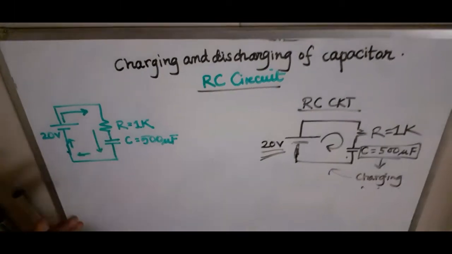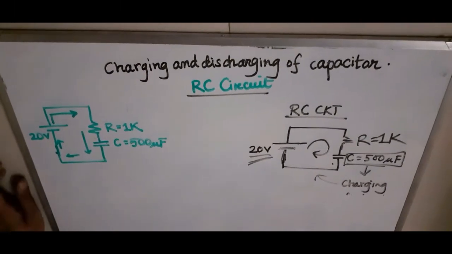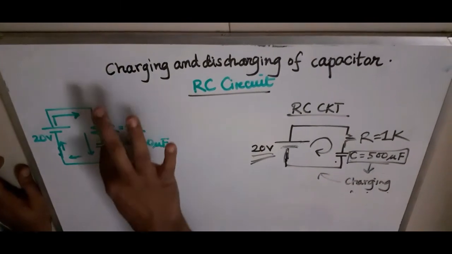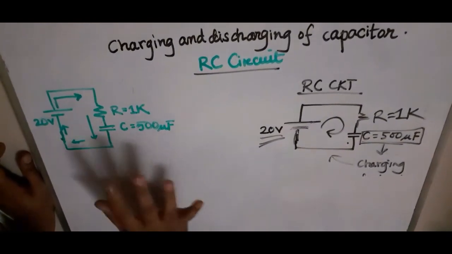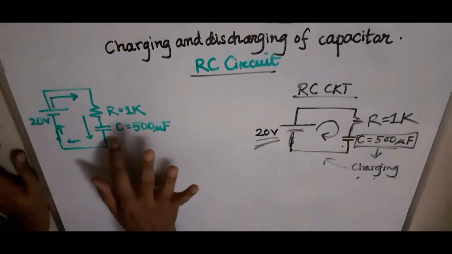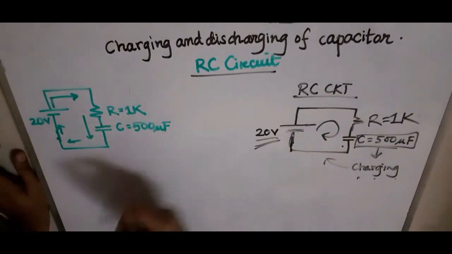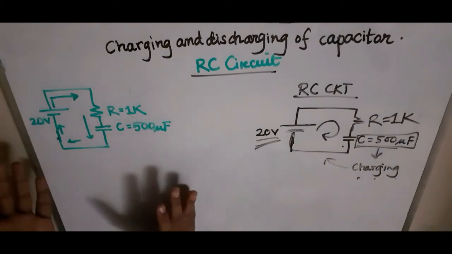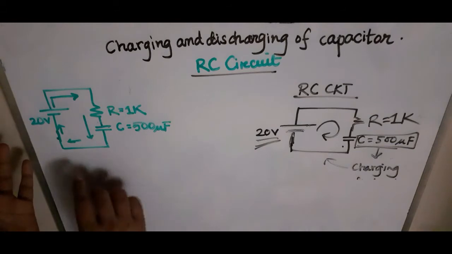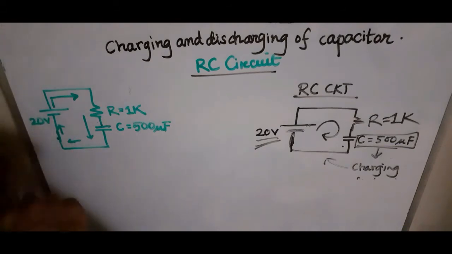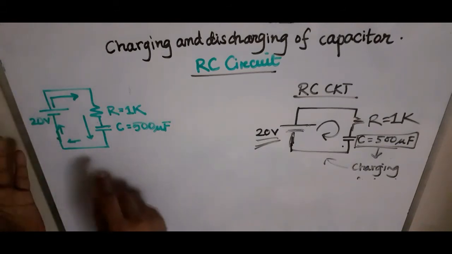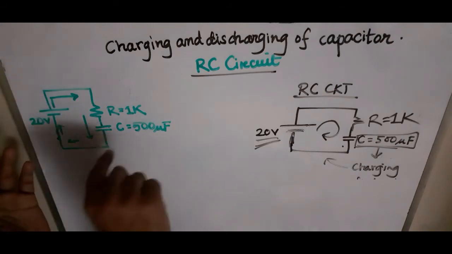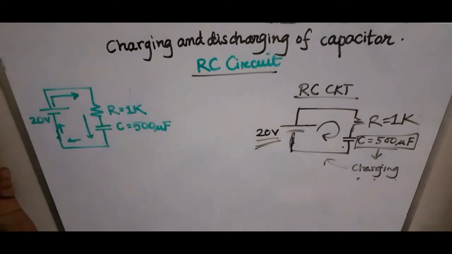Once the current starts flowing through this circuit, charge will be accumulating in this capacitor. In other words, the capacitor will start getting charged. After some time, the voltage of this battery will be drained, and this total voltage will appear across this capacitor.